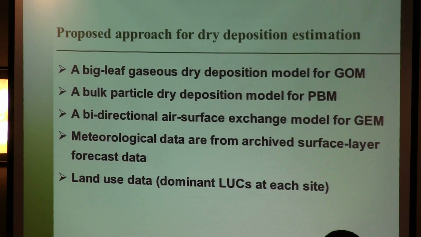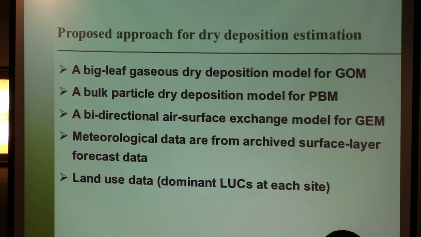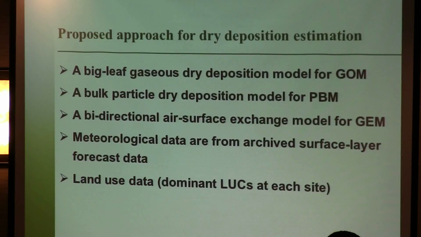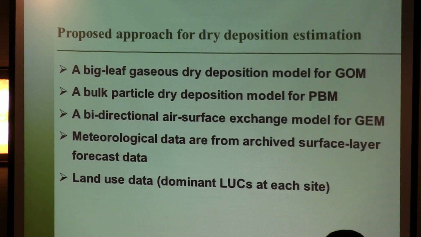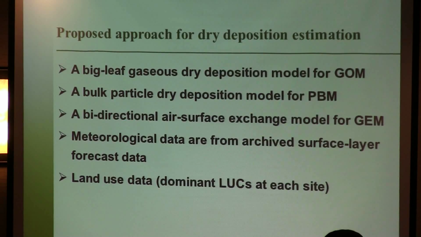And we have archived forecasted surface meteorological data since 1997 for dry adaptation purpose, because as early as 1997, my supervisor at that time, Jeffrey Brook, and I had a view of providing dry adaptation estimation over the whole North America.